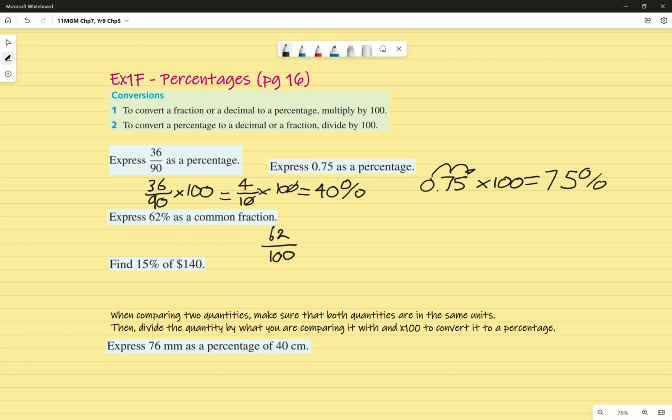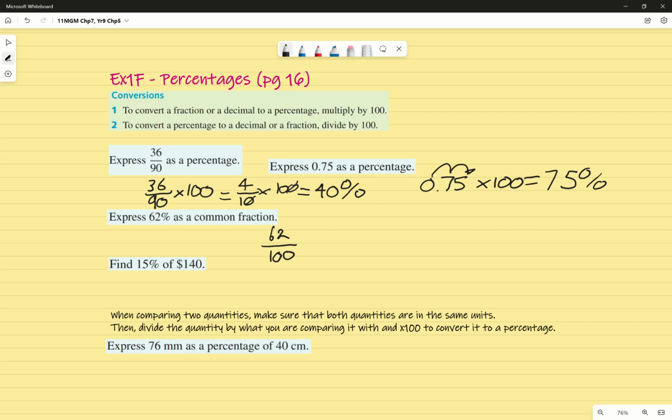It's just a nice way of doing it. Something we're also going to be looking at is how to find a percentage of a number. So if we want to find 15% of 140, we can probably do these kinds of questions in our head to some extent, or some of us can, but we can't just multiply that 15% by 140. It's going to give us a number which is much larger, and we don't want that. We just want to find the actual percentage.